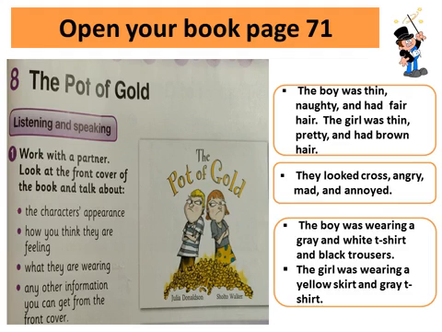Right? The last point. Any other information you can get from the front cover. Any other thing. We have also the name of the writer, the author, and the name of the illustrator, right? Good job.